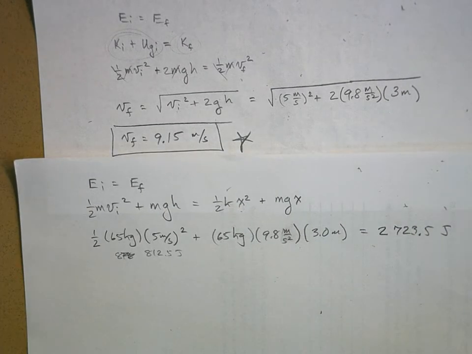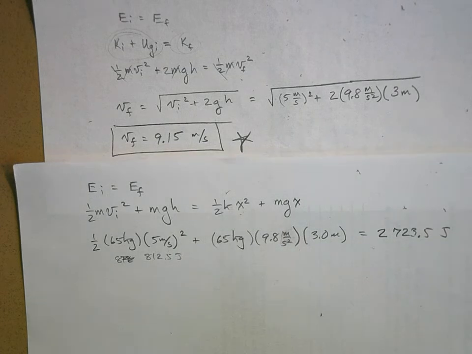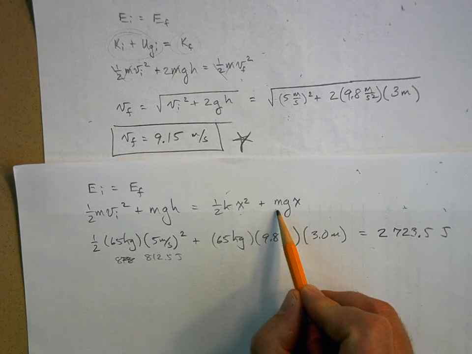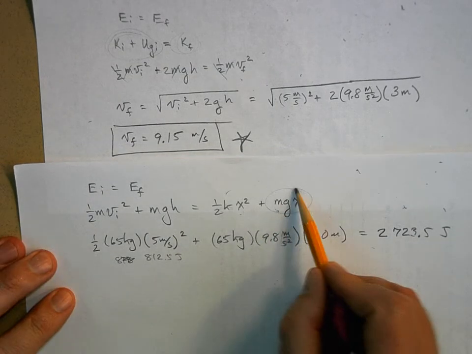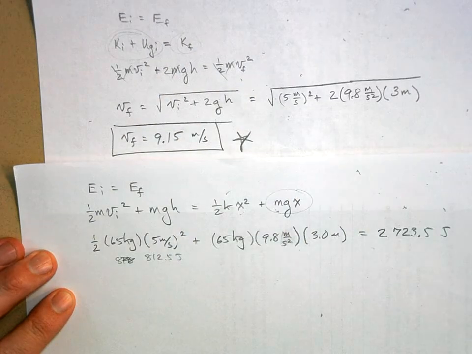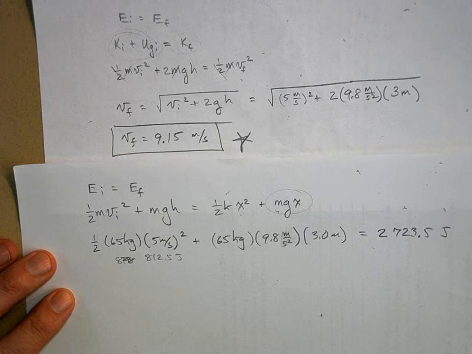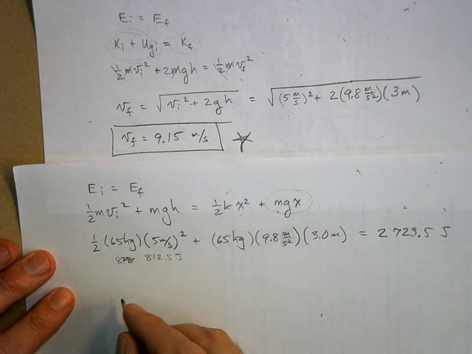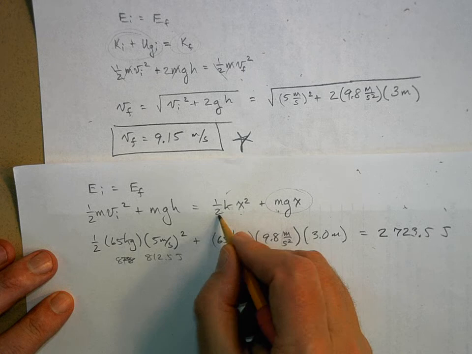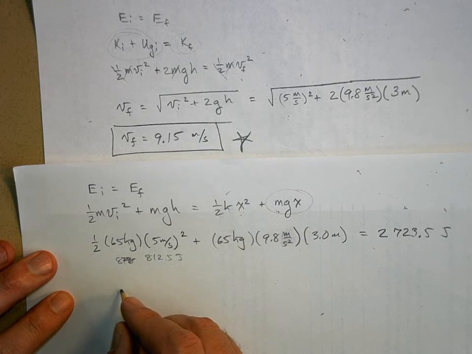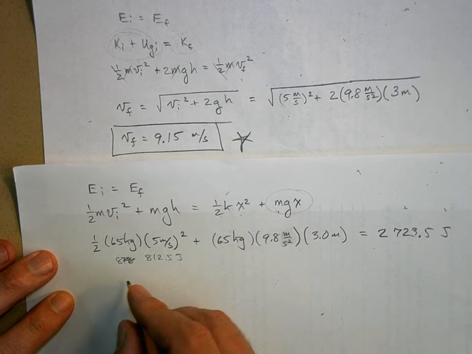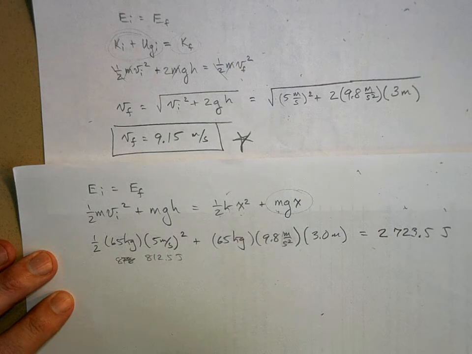Now this value here, this mgx, is below my reference. So I'm going to call that negative. It's going to be a negative x. And so I've got a quadratic formula. What is 1/2 k? 1/2 k is the 6.2 times 10 to the 4 divided by 2.